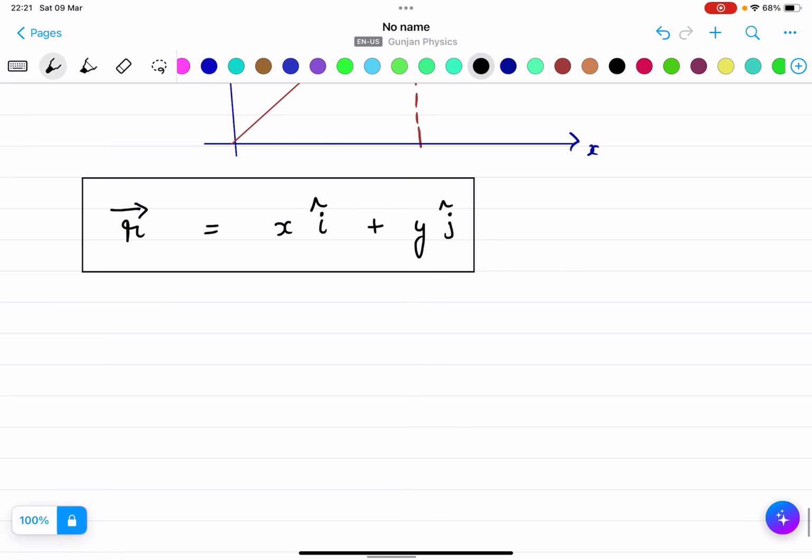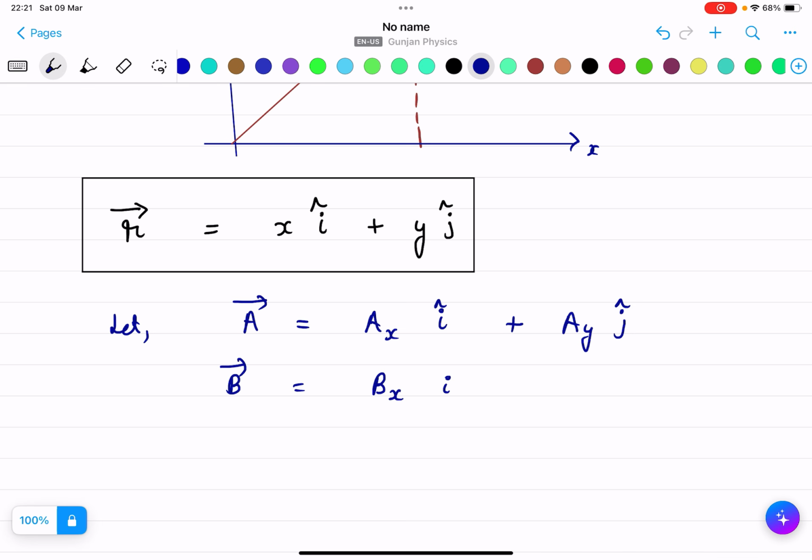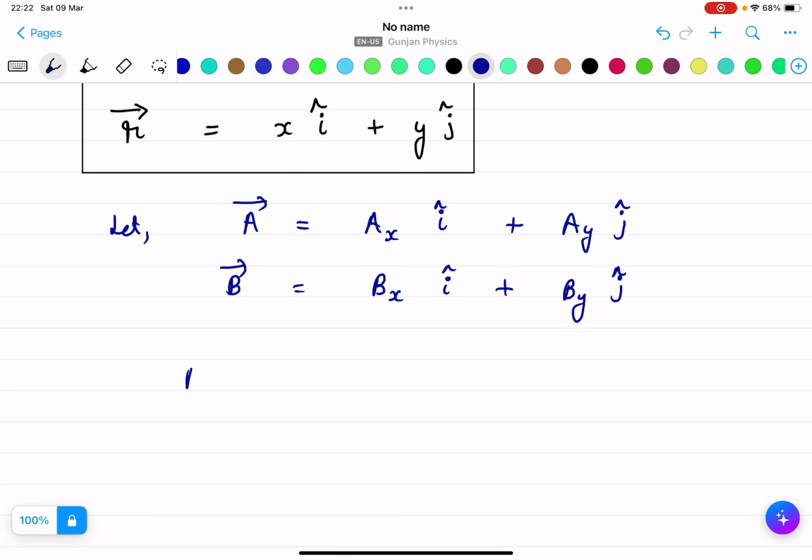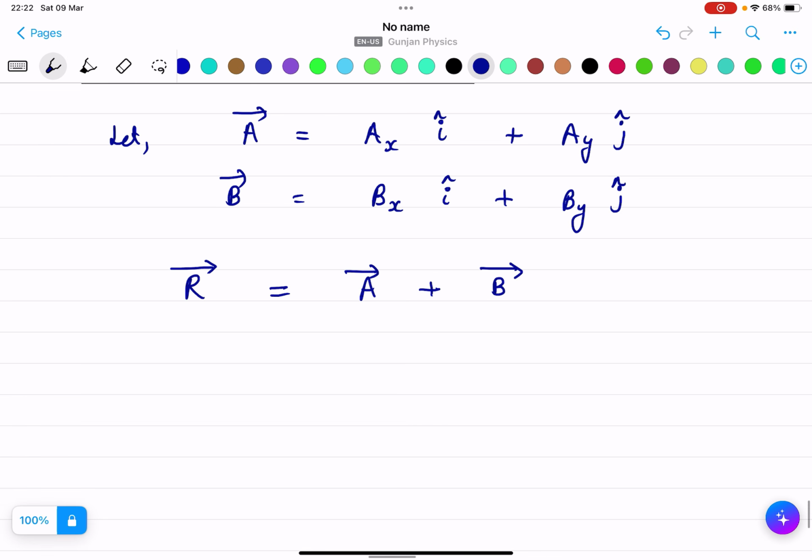Now how do we solve? Let vector a equal ax i plus ay j, and b vector equal bx unit vector i and by unit vector j. If I need to add both of the vectors, I can say the resultant vector is r vector, and it is a vector plus b vector, right? So how do we add them?